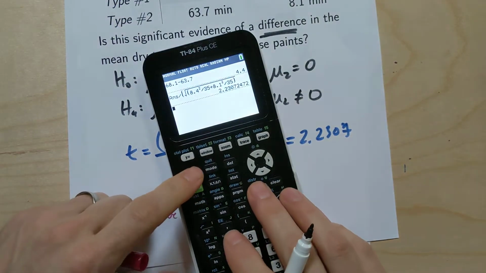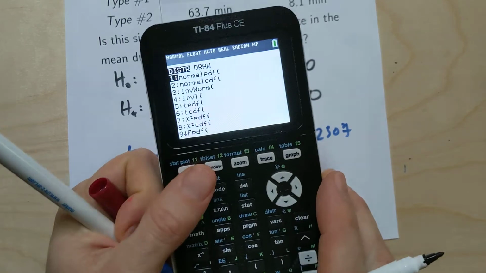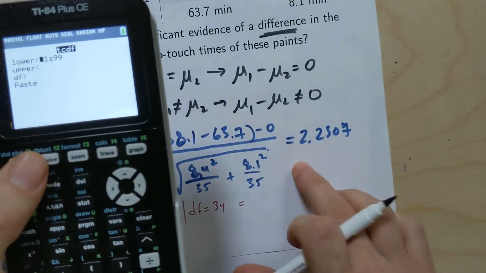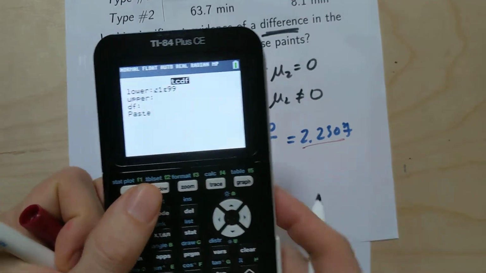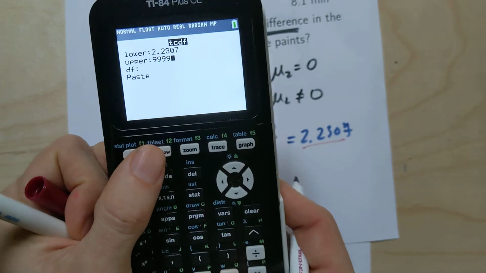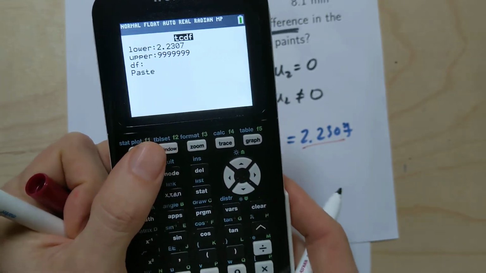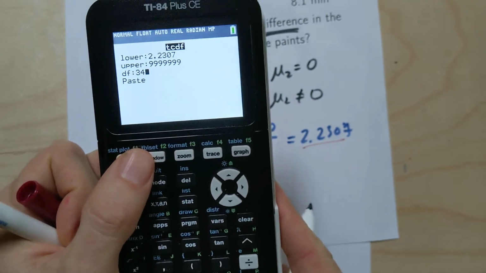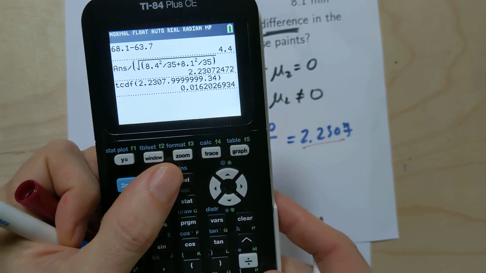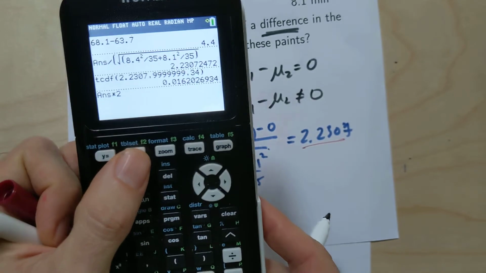Just like we have normalcdf, we've got a tcdf here. So I'll go down to tcdf and I'll say my test statistic was 2.2307. So I do 2.2307 to infinity, some very, very large number. And my degree of freedom, if I use the conservative approach, is 34. I'll hit paste and enter, and shazam, I got 0.0162. Now, of course, since this is a two-tailed test, I will double that.